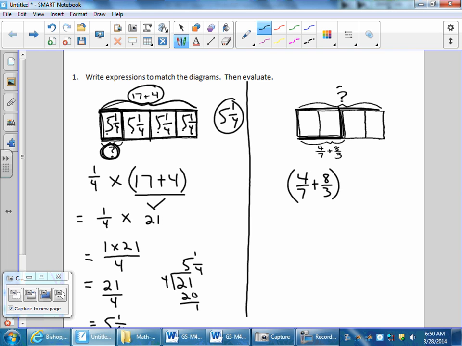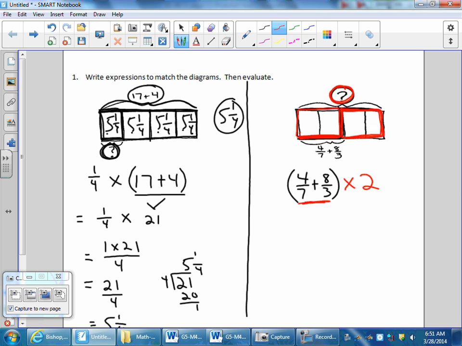Well, I need to find my total. I see that if I took this 2 times, I would get my total. I'm not dividing here. I'm finding a piece and then finding the total.